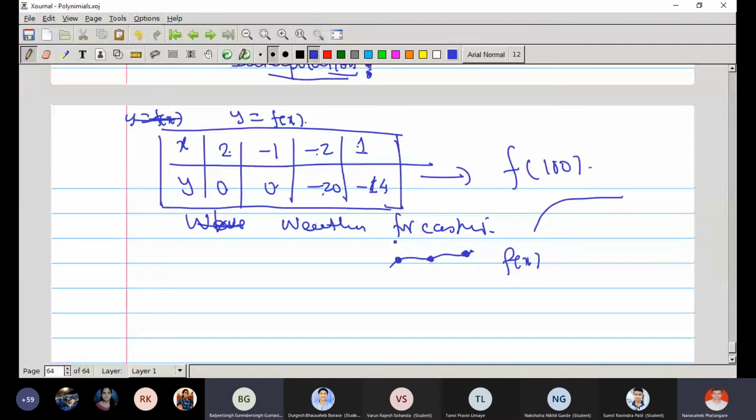Yes, sir. But sir, like in this case, we knew that the nature of the graph was that of a cubic polynomial. So, is there a way that we can know the nature of the graph that we want to predict? See, from these 4 points or this finite data, it is not possible to predict whether it is a polynomial or exponential or a combination of trigonometric and polynomials.